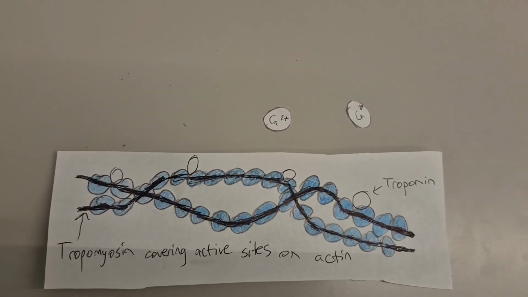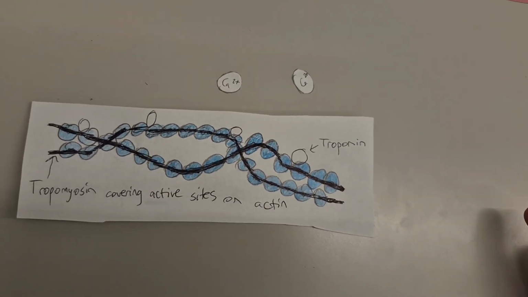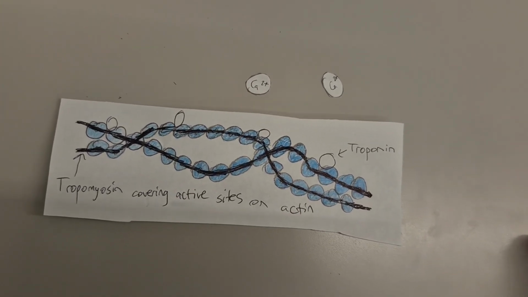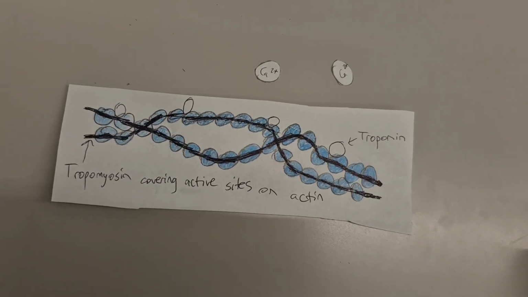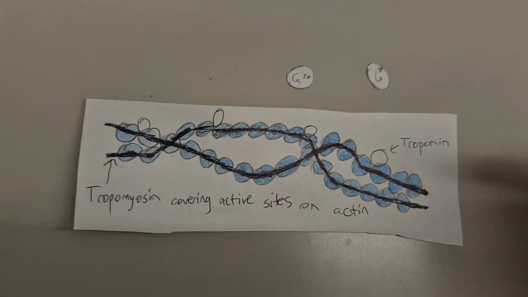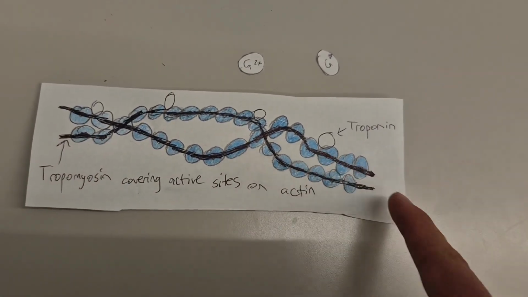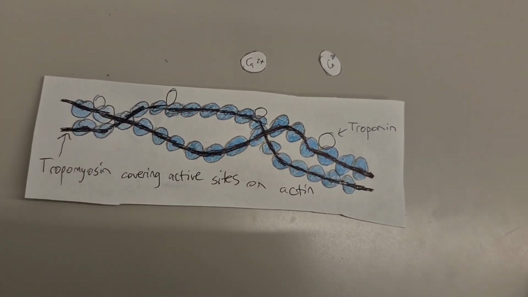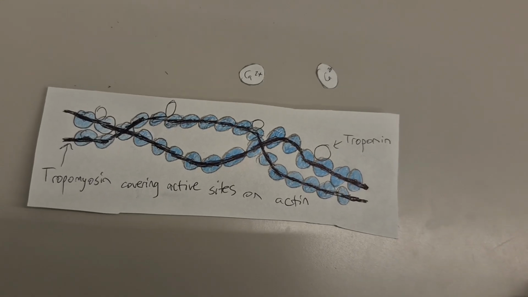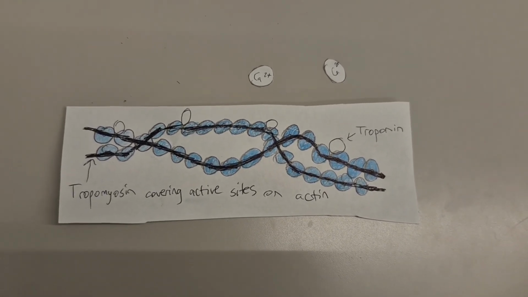So before any calcium binds to anything, we got to understand that actin molecules have these things called active sites, and active sites before calcium binding are covered by the protein tropomyosin. The tropomyosin prevents myosin heads from attaching to actin and prevents anything from contracting.